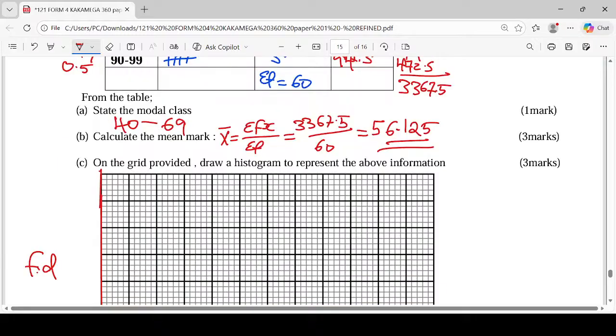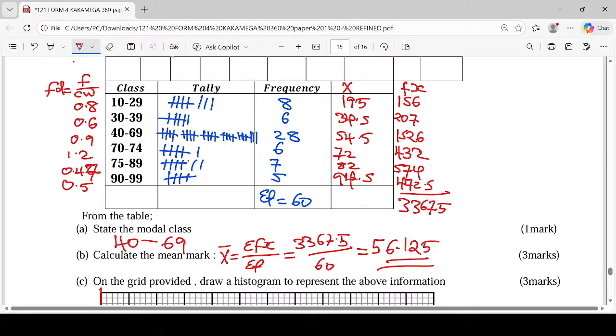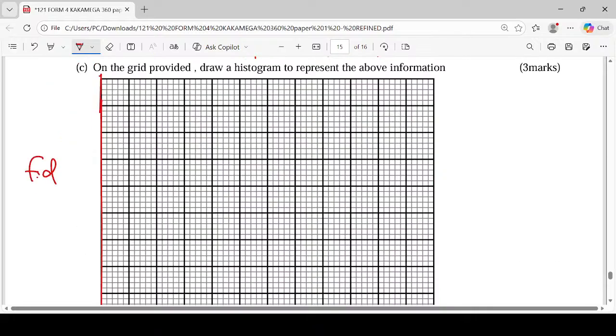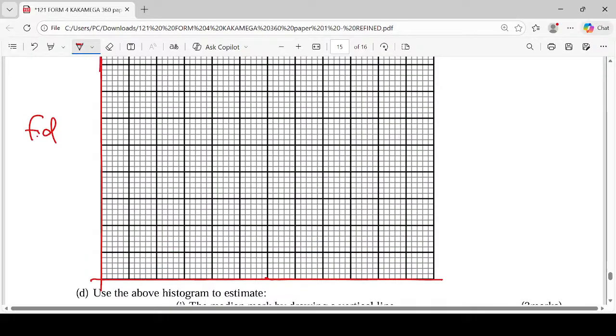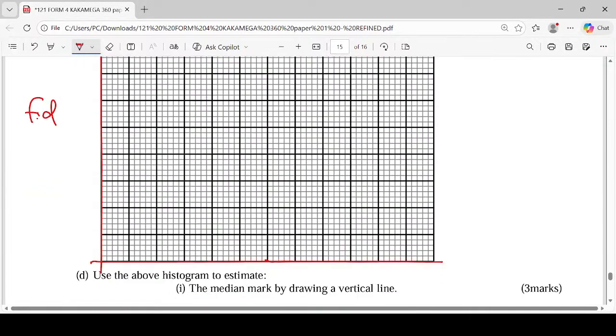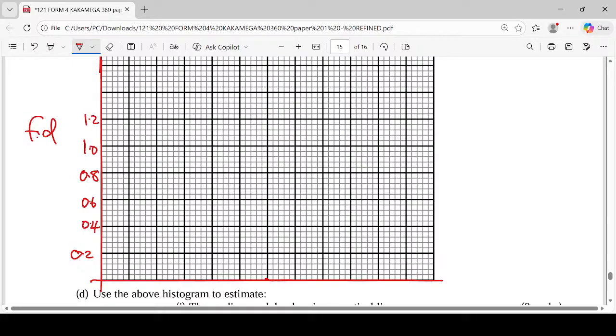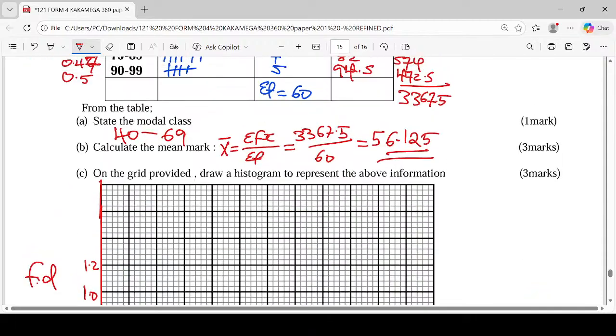Because the frequency density goes all the way to 1.2, let me go with this as 0.2, 0.4, 0.6, 0.8, 1.0, 1.2. That's better.